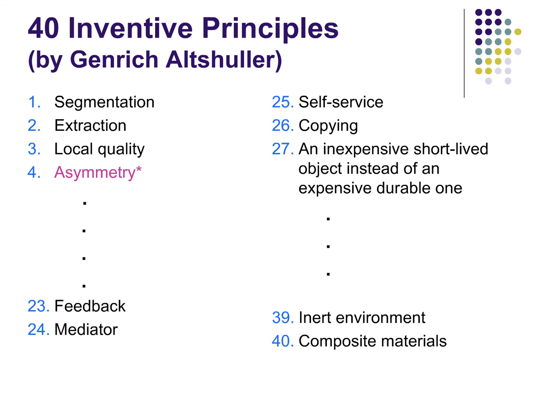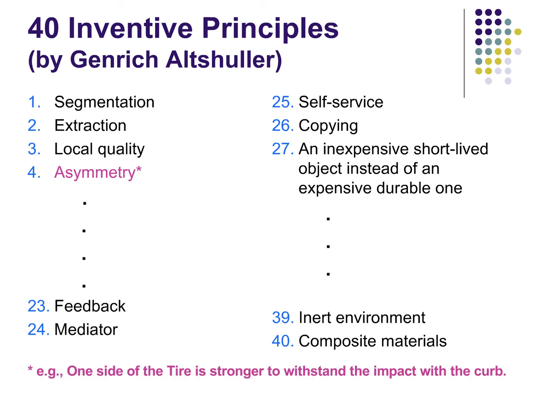But if a tire is designed to have one side with thicker material to protect against impact from the curb, that will help reduce a lot of tire damage. One side of the tire is stronger to withstand the impact with the curb. If you pay attention, more and more tire companies produce this kind of asymmetric tire.